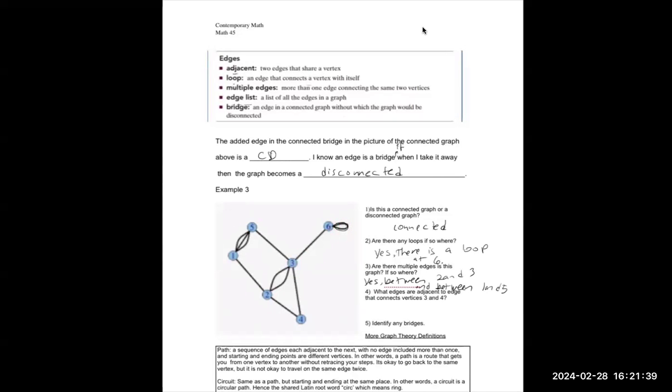So the only bridge I see here is from 3 to 6. So it's the edge that connects 3 to 6. Normally I would have called it 3, 6, but then it looks like 36.